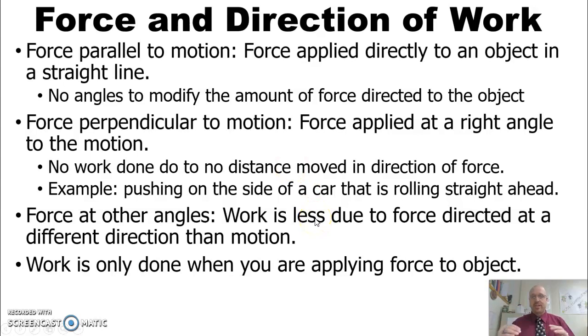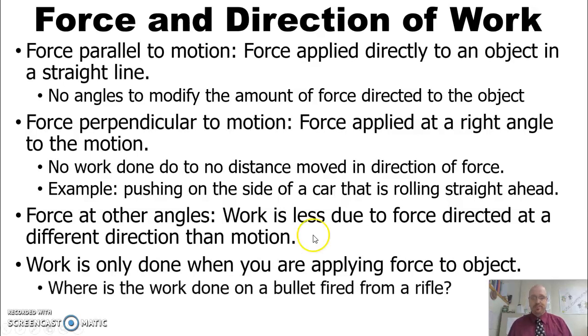This is because of all the different angles that are involved in your force. And when you do this, you're actually reducing the amount of work that you do because of the angle. So the shallower the angle, the more force is applied, which leads to more work being done. And remember, work is only done when you're applying force to an object and it's moving, okay?